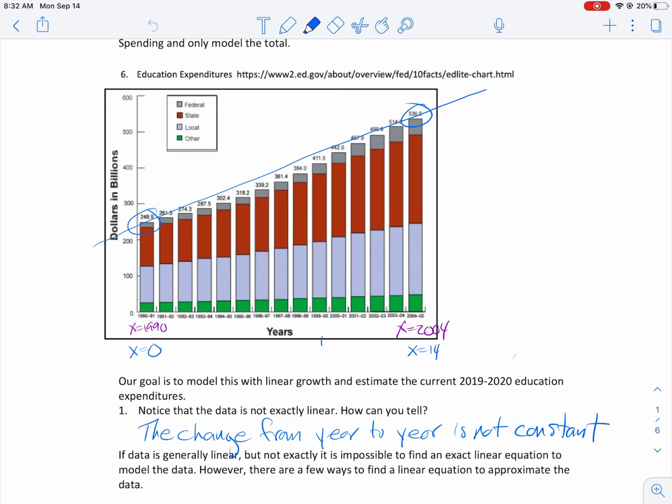The first thing you notice is the vertical axis is billions of dollars and the horizontal axis is years. But I asked you, there are two ways to put a variable for the horizontal axis.